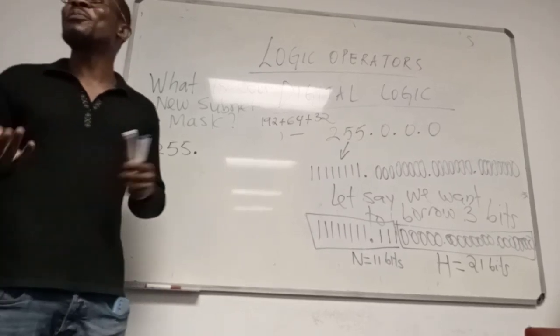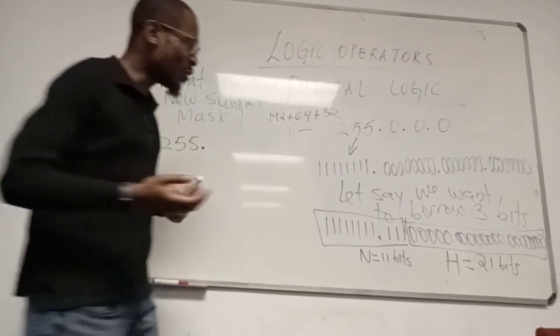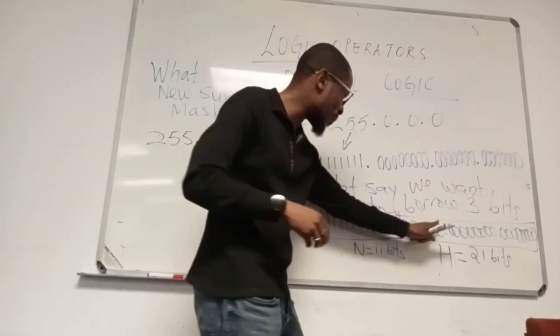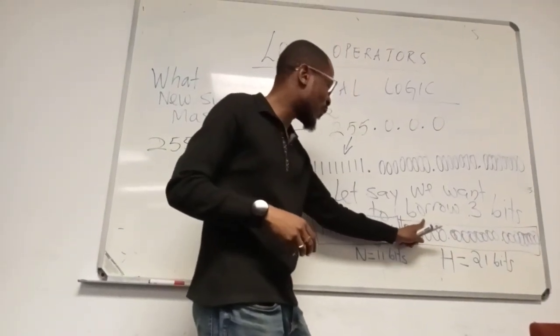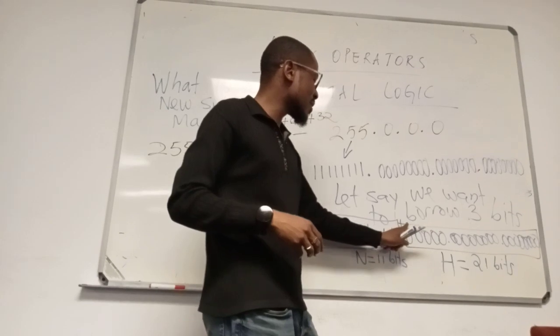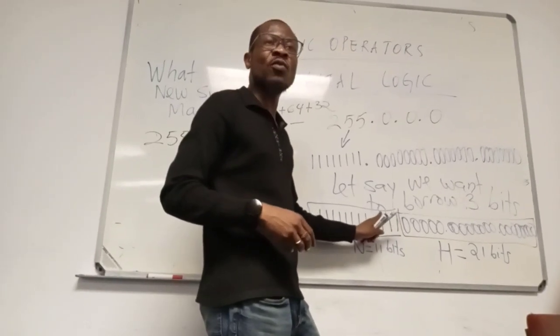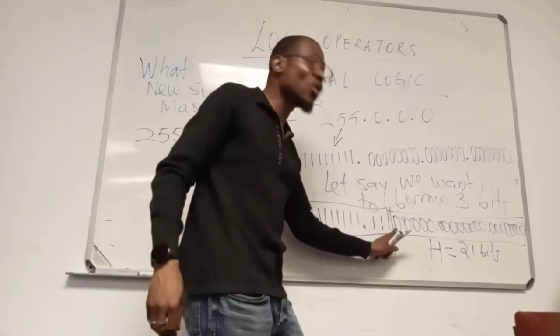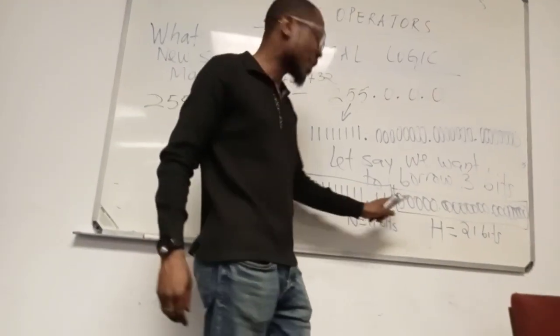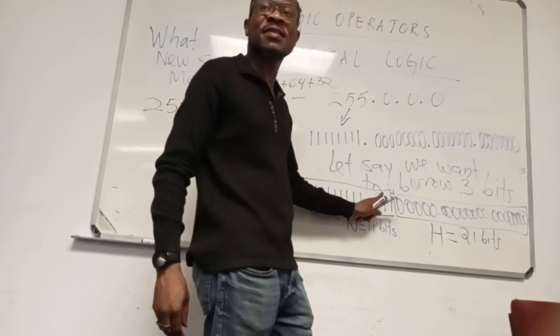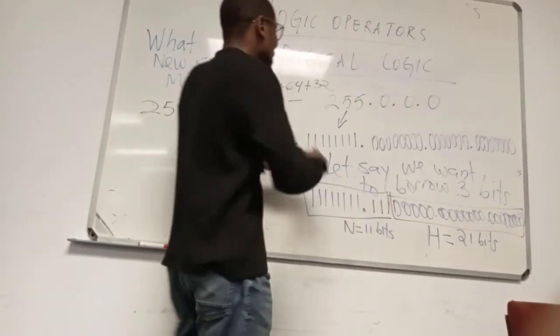You know how to convert from binary to decimal. You only write on top: 1, 2, 4, 8, 16, 32, 64, and 128. But you cannot consider the zeros. So you can only do 128 plus 64 plus 32. So the answer is going to be what?